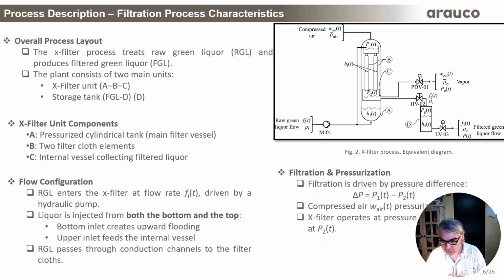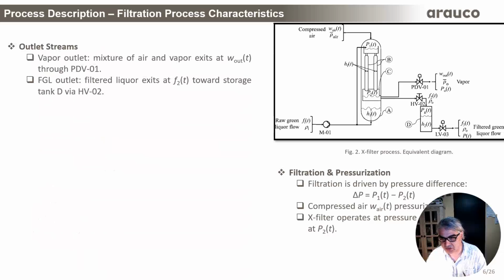Now, compressed air pressurizes the system and directly influences the filtration capacity. But also, filtered liquid is collected into the internal vessel and routed to the storage tank, while vapor and air are discharged through a dedicated outlet, as you can see again in figure 2.